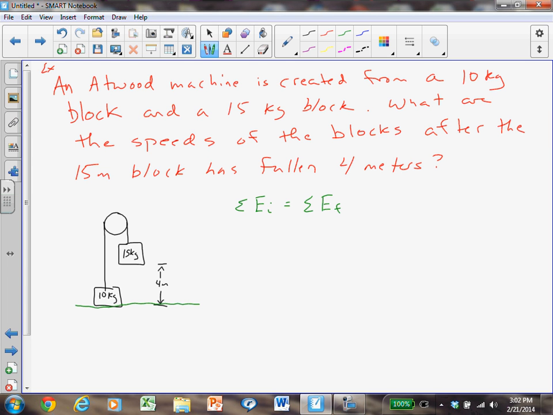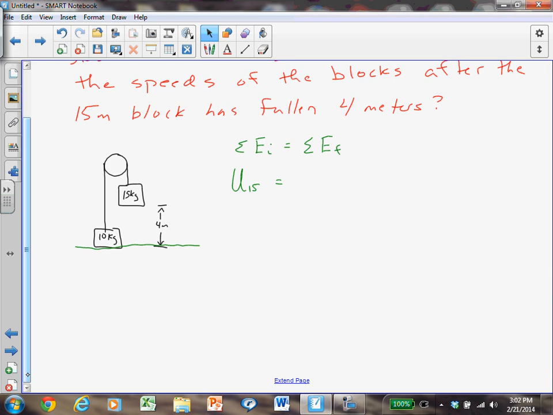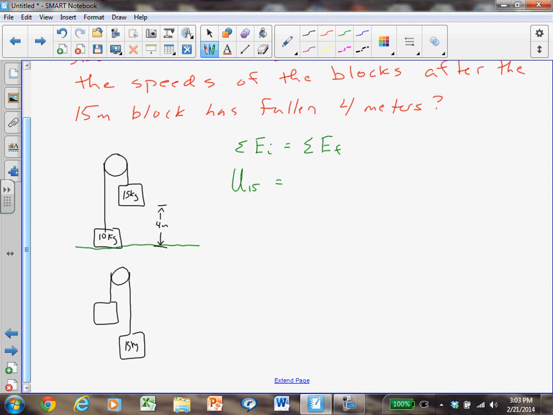So looking at them to start, you can see that it's all in the potential energy of the 15 kilogram block initially. And that's going to equal, once it starts to fall down and move to a new state, where the 15 kilogram block has moved down, and the 10 kilogram block has moved up.